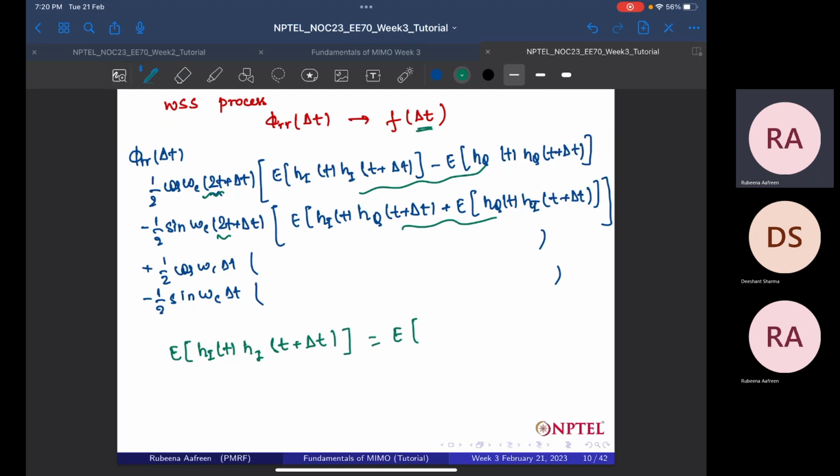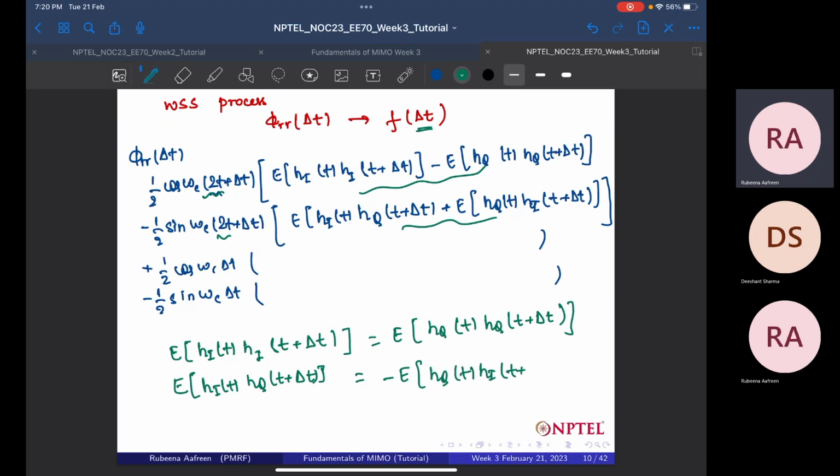This is equal to expectation of hQ(t) hQ(t plus delta t), and the other term is expectation of hI(t) hQ(t plus delta t). This is equal to minus of expectation of hQ(t) hI(t plus delta t).